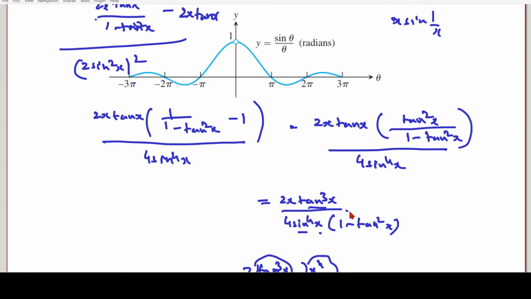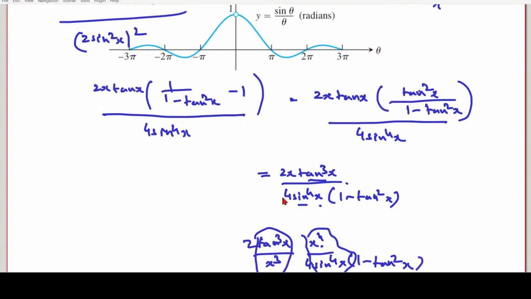See, tan square x, you don't need to worry, 1 minus tan square x. We need to adjust the remaining things only. There is tan cube here, sine power 4 here, and anyway 1 plus 3 is 4, and the sine power 4 is anyway 4. So we have enough x's.